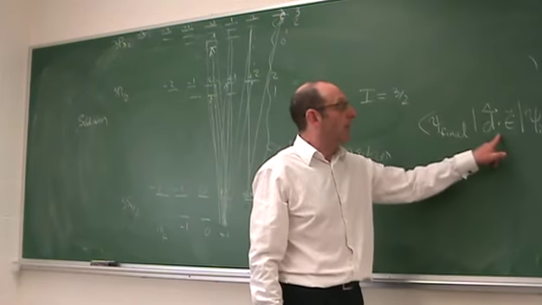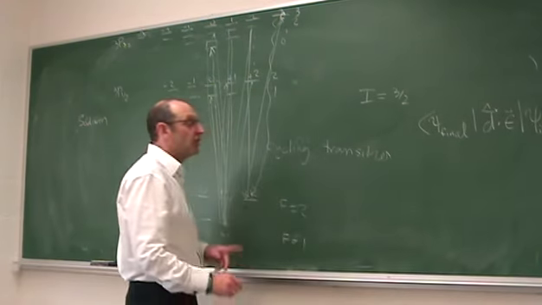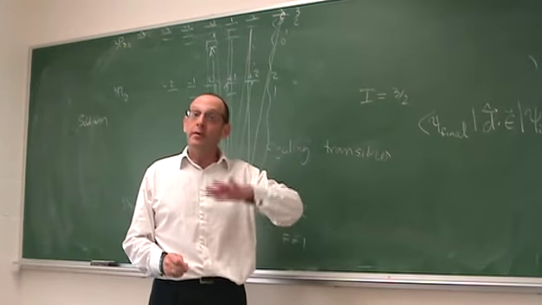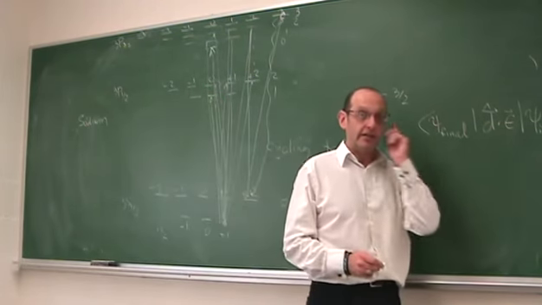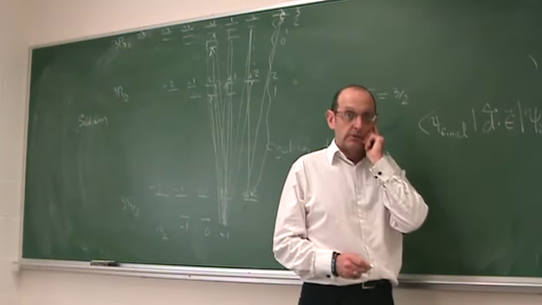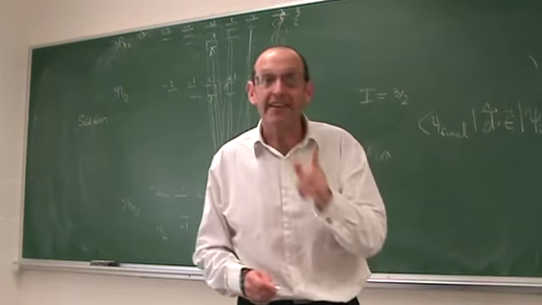So whether Q is 0, plus 1, or minus 1 depends on the polarization of light relative to what I'm calling the z-axis.